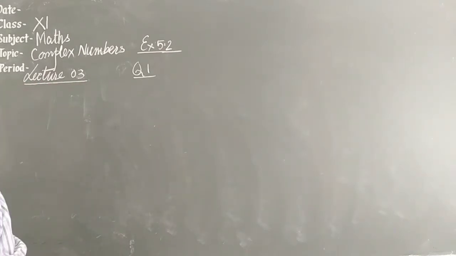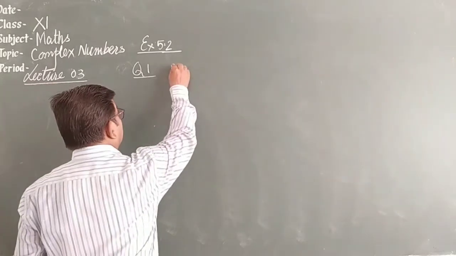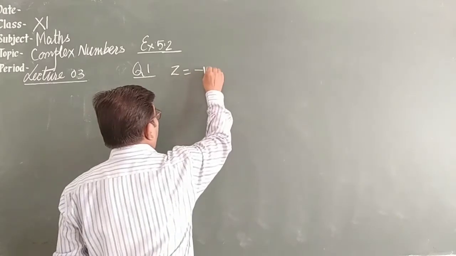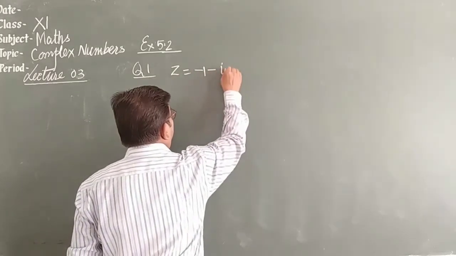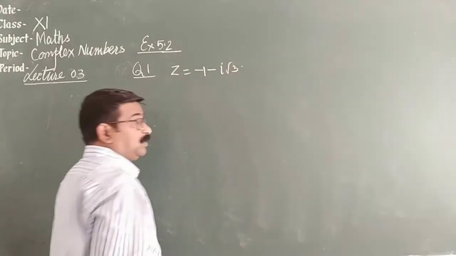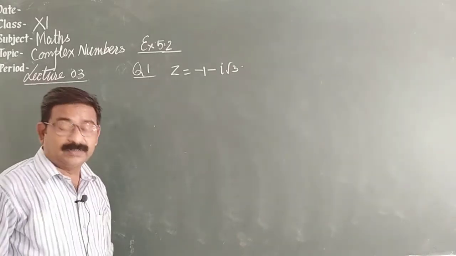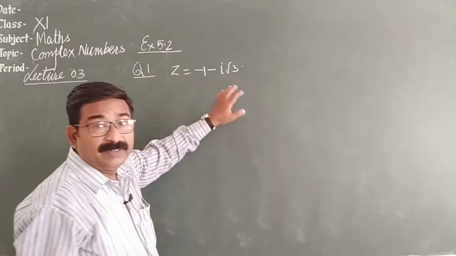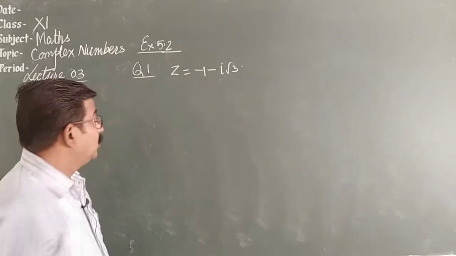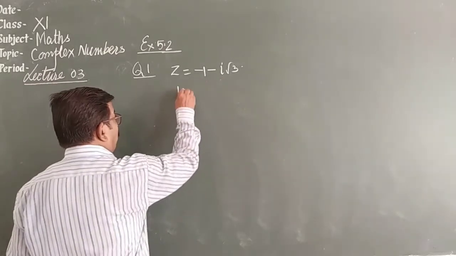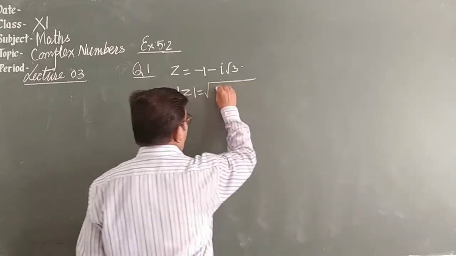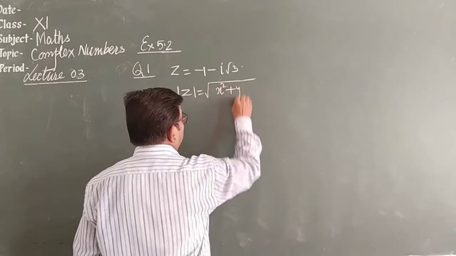Given that z is equal to minus 1 minus i root 3. So how do we find the modulus? You know, the sum of squares of the real part and imaginary part, and its square root. Like mod z is equal to under root x square plus y square.